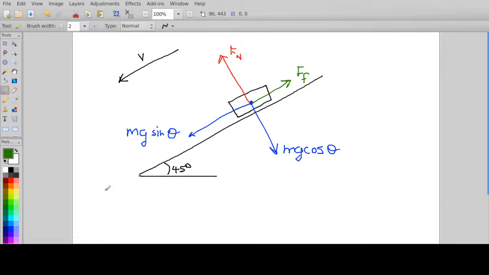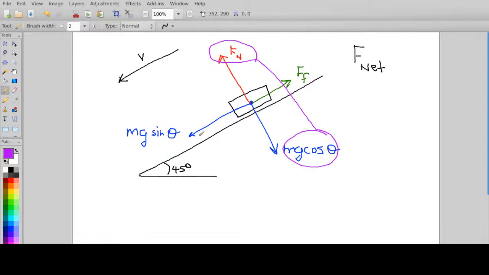Now, why are we doing this? Why did we even do this? That's because we want F net. That's the whole point of this, to get this magical F net. The reason we broke up everything so that it's either parallel or perpendicular is because the perpendicular components, this one only competes with that one.